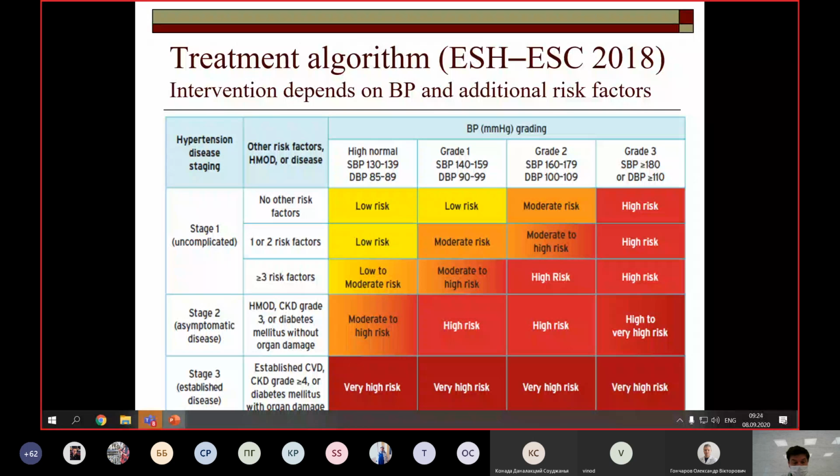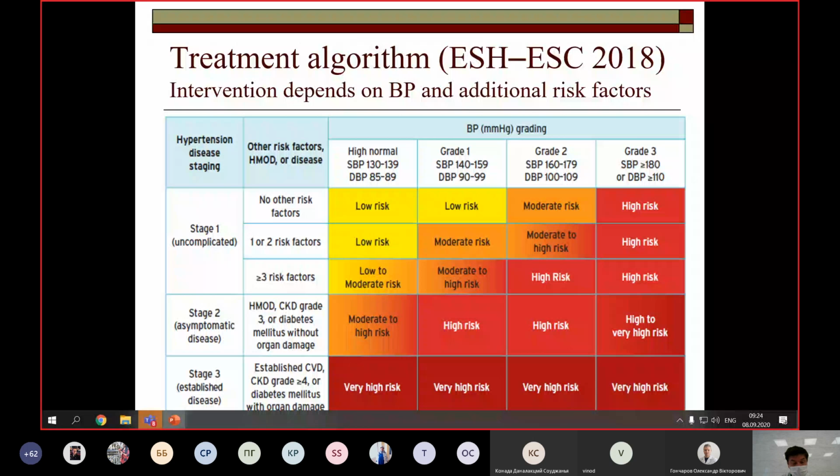The same patient, but having diabetes, should be qualified as an individual having moderate or high cardiovascular risk, depending on the confirmation of whether target organ damage has occurred.